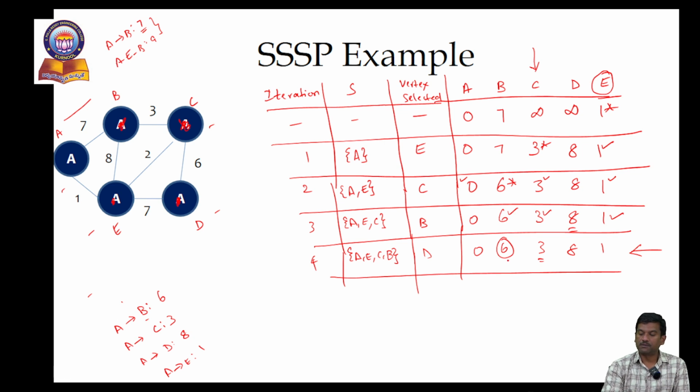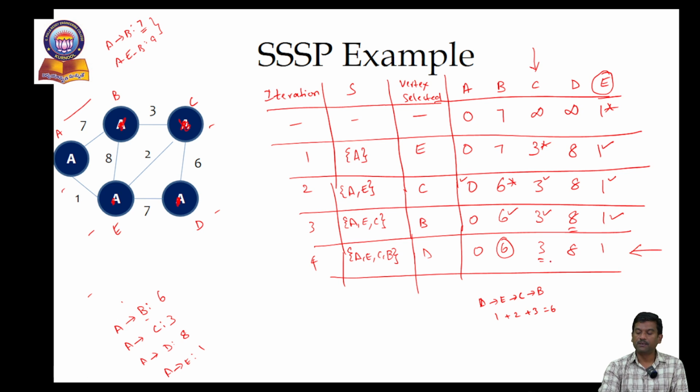You reach this 6 value, that is A to E, A to C, and then C to B. What is A to E cost? That is 1 plus E to C 2 plus C to B, that is equal to 3. Because as compared with 7 and 6, 6 is the minimum. So here we got the new minimum value, that is 6.